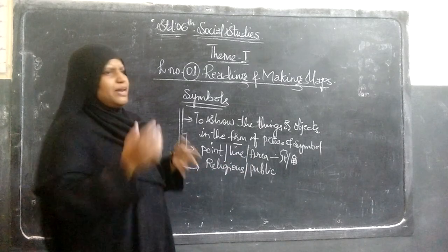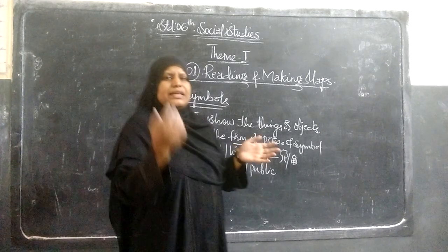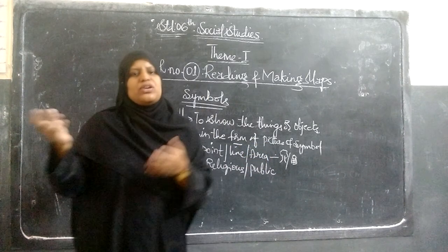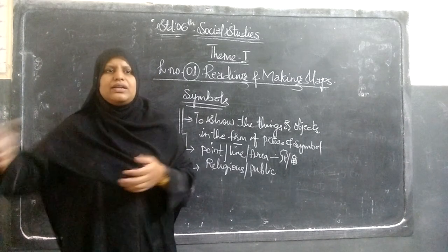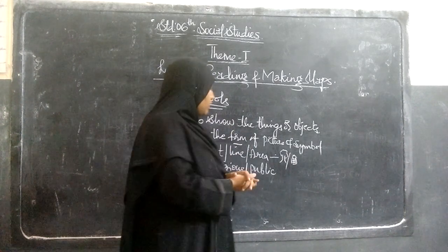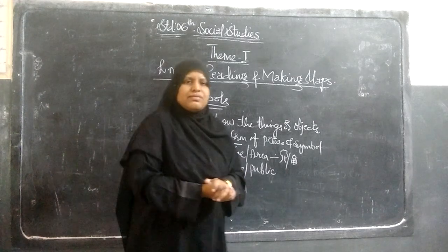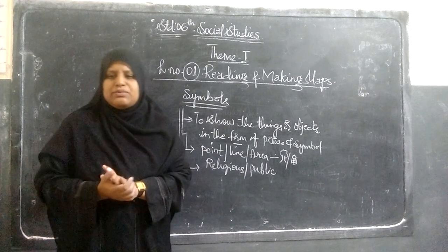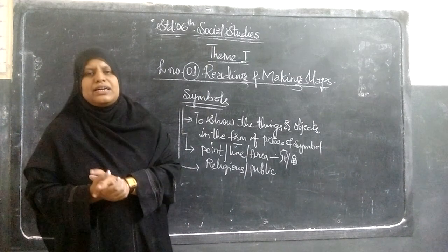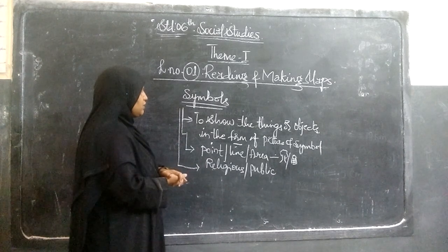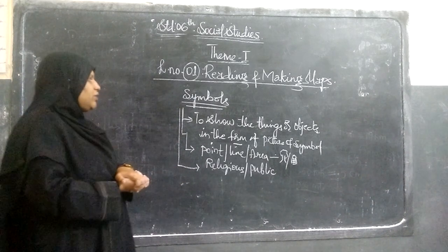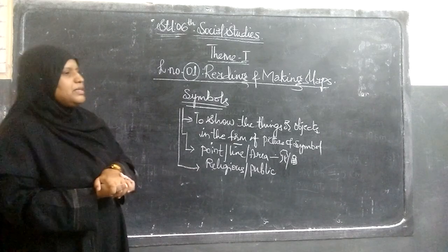Public places means railway lines, bus stops. Next come police stations, all the water bodies, rivers flowing, tanks. All these are shown in the form of symbols. In your textbook it has already been given, and on the other side, the inbox one has also been given. So in tomorrow's class, we will go into detail about the symbols.